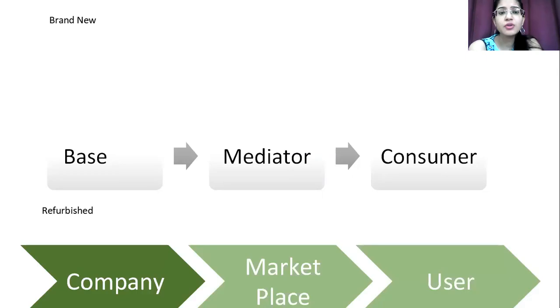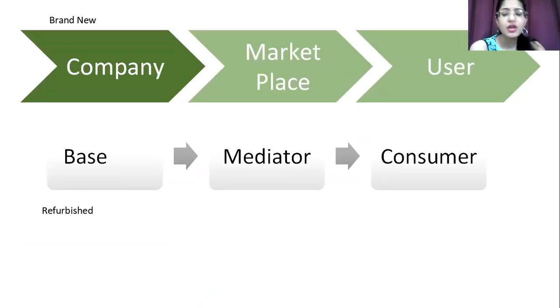The mediator is the marketplace, the place where the company and the user interact, the bridge, we can say. The consumers are nothing else but the users. Yes, we the users are the consumers here. So this is what brand new is all about.